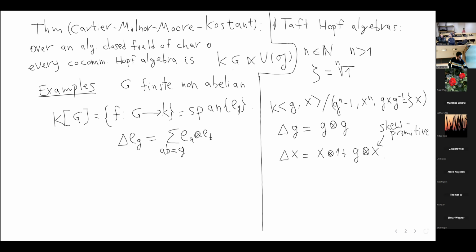So the second example would be, I take K, and now I take the algebra generated by G, x1 up to xn, modulo the following relations: xi squared is 0, xi xj plus xj xi is 0, and G xi G inverse is equal to minus xi.